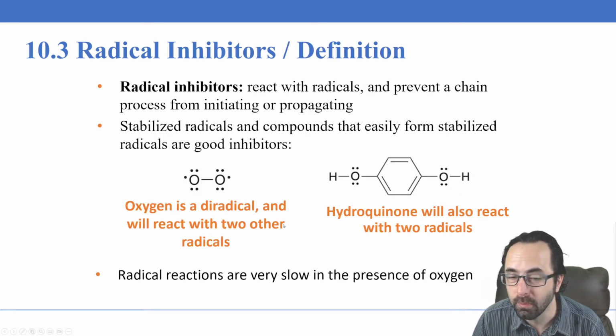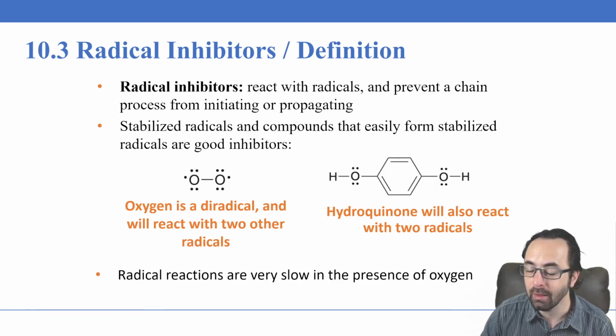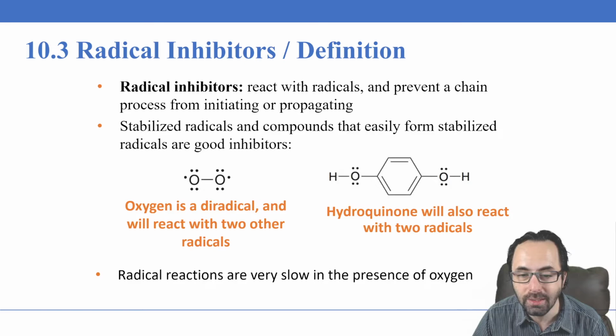Radical inhibitors. Radical inhibitors are those that when they react with radicals, they actually produce a stable molecule rather than a radical. So there's a couple of molecules that are particularly good at this. These are also what people have called antioxidants in a medical sense.